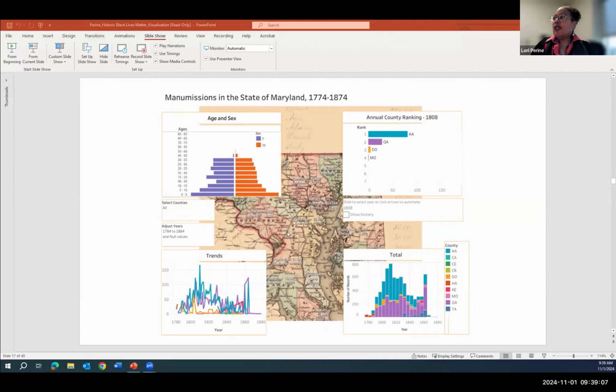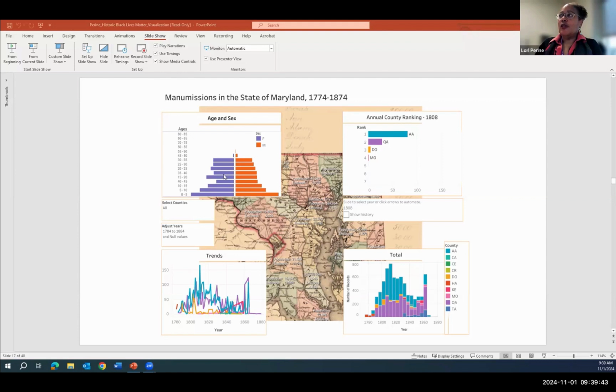So what I ended up doing, and we'll all get a chance to look at this in a moment, I created this dashboard on Tableau, and here you see a static version of the dashboard. That dashboard allows us to look at the age and sex of those represented in the manumission documents by county and by year.